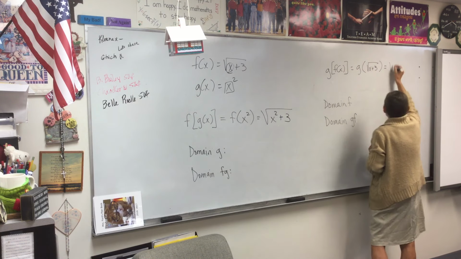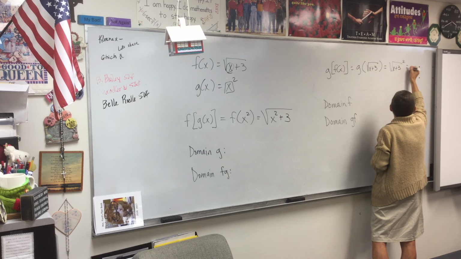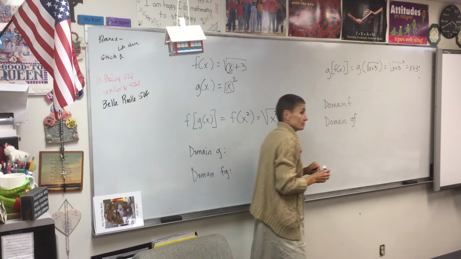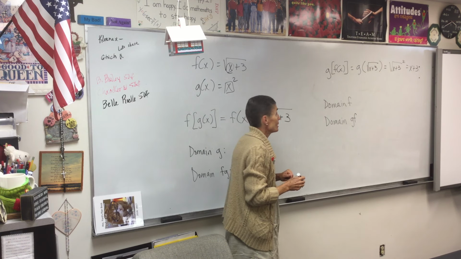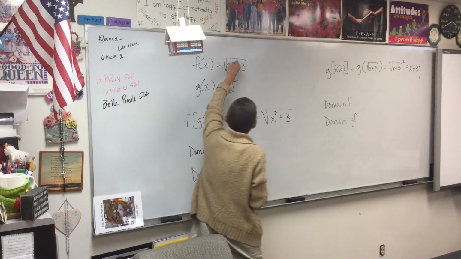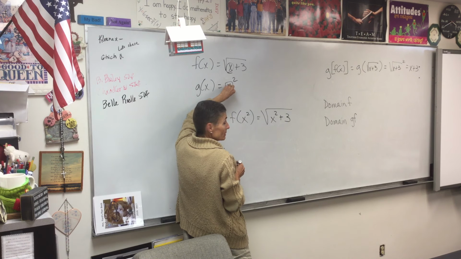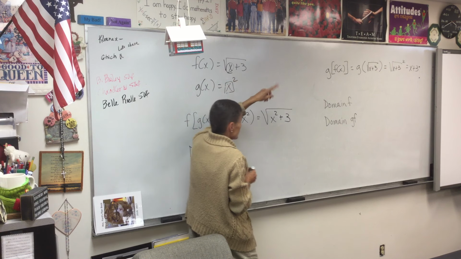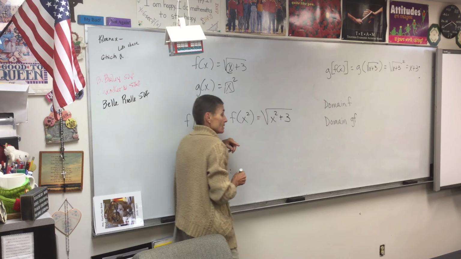So I'm going to get the square root of X plus 3 squared, which is just X plus 3. I'm taking this function and plugging it in here. All this function does is square whatever you plug in. So if I plug in that, I just get X plus 3 out of it.